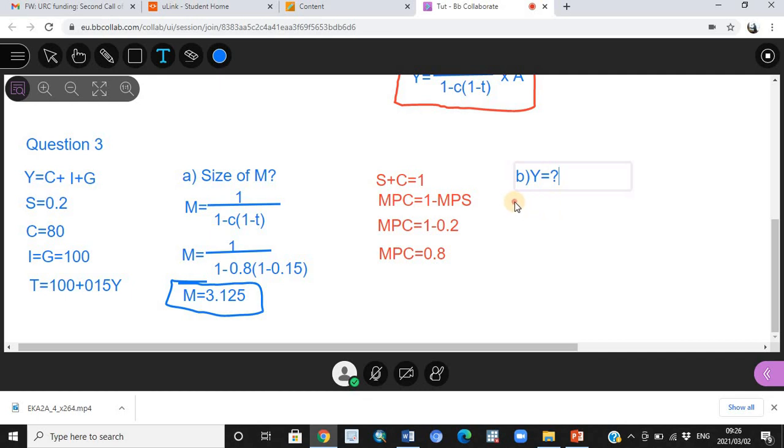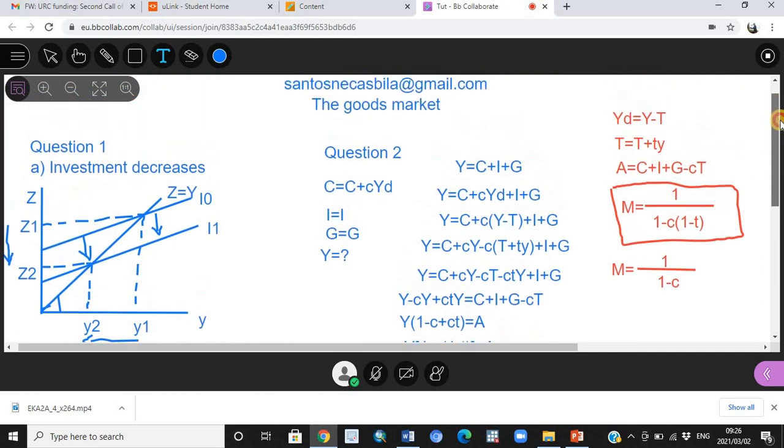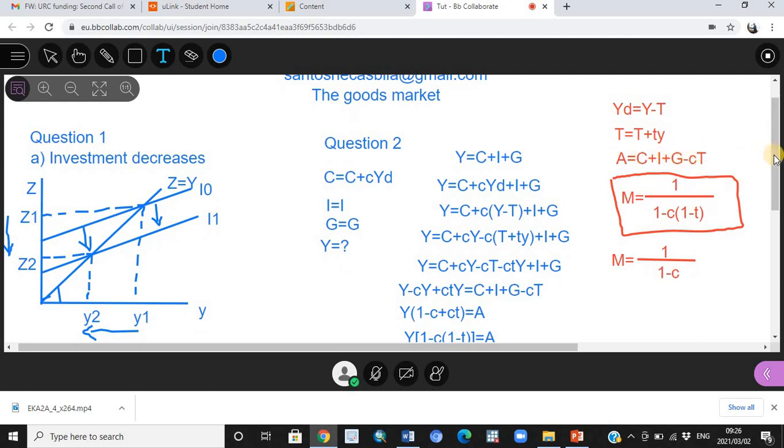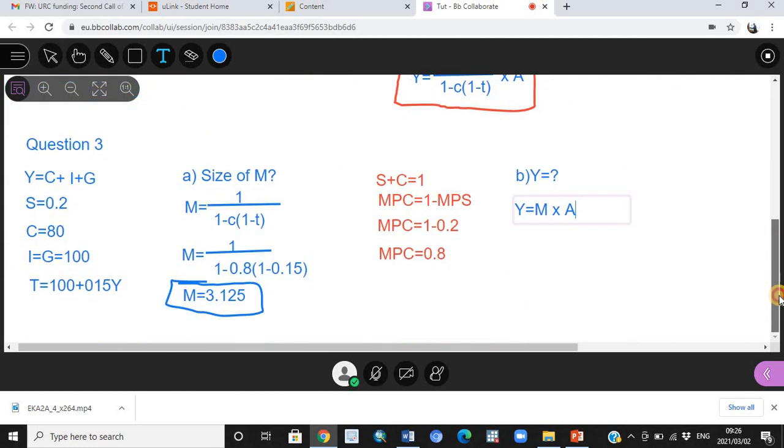And we know that Y is equal to M times A. Okay, I am just going to come here and get my A. It's this one.